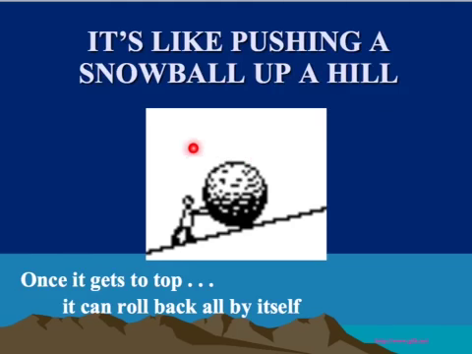Just like this little guy here who's pushing this giant snowball up a hill, if you don't put enough energy into a type of reaction, just like if this guy doesn't push this snowball all the way up to the top, what do you think is going to happen? The snowball is going to simply run him back over. So that's kind of like a chemical reaction. If you don't have enough activation energy to start the chemical reaction, the reaction simply is not going to occur.